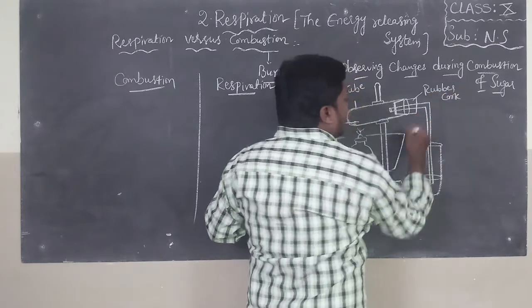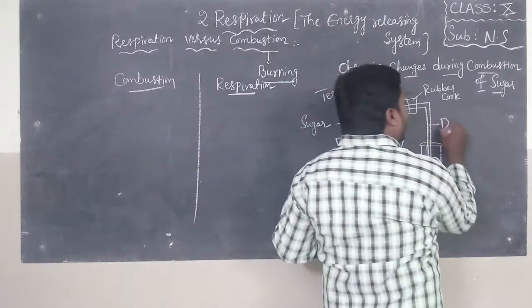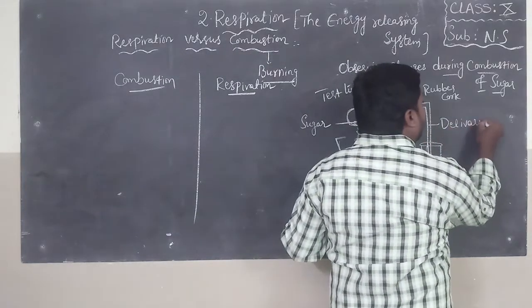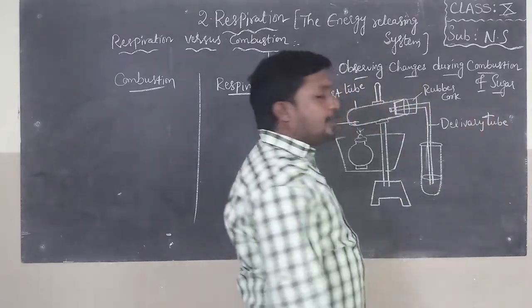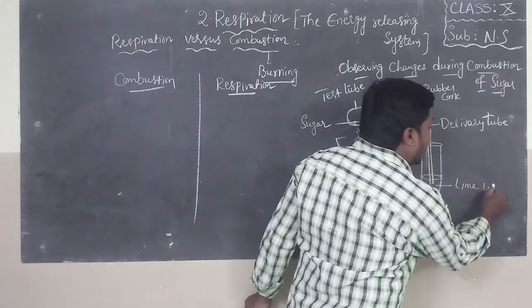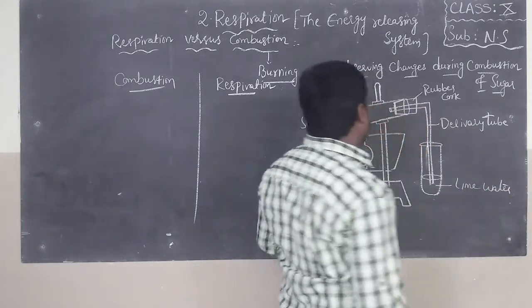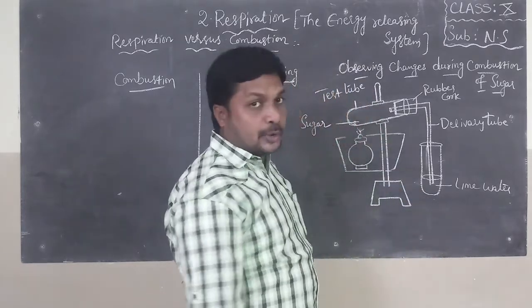Now insert one end of a delivery tube in this test tube, and keep the other end in a test tube which contains lime water. In this test tube we took sugar, in this one we took lime water.